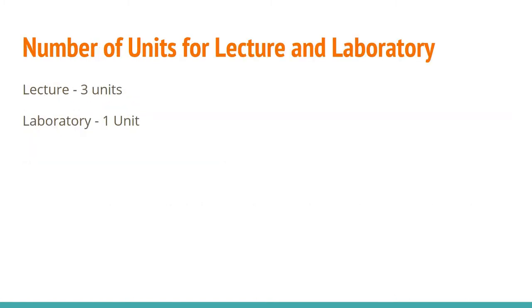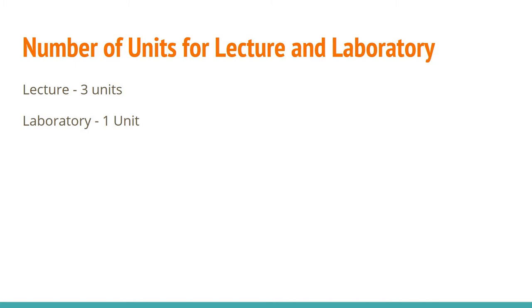Okay, number of units for lecture and laboratory. As for the lecture, there are 3 units, so that is equivalent to 3 hours. And then laboratory, 1 unit. It is 1 unit, but 1 unit in laboratory is 3 hours.